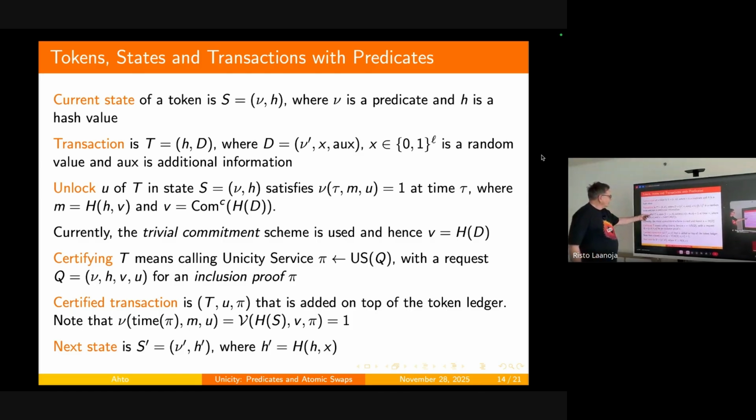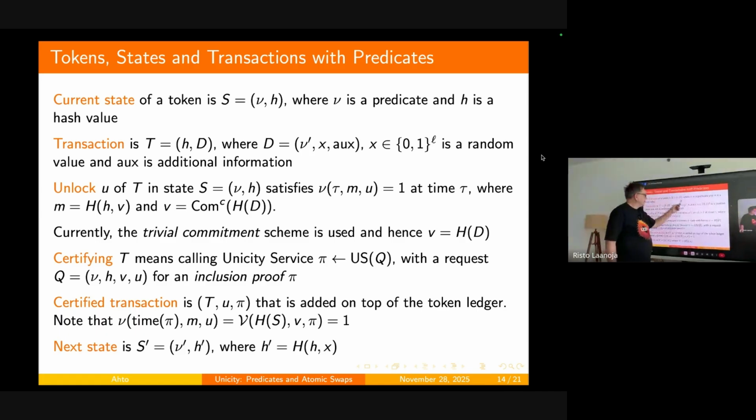To unlock the transaction, or to sign a transaction, we have to satisfy the predicate. So we have to provide an argument u so that this predicate is satisfied.